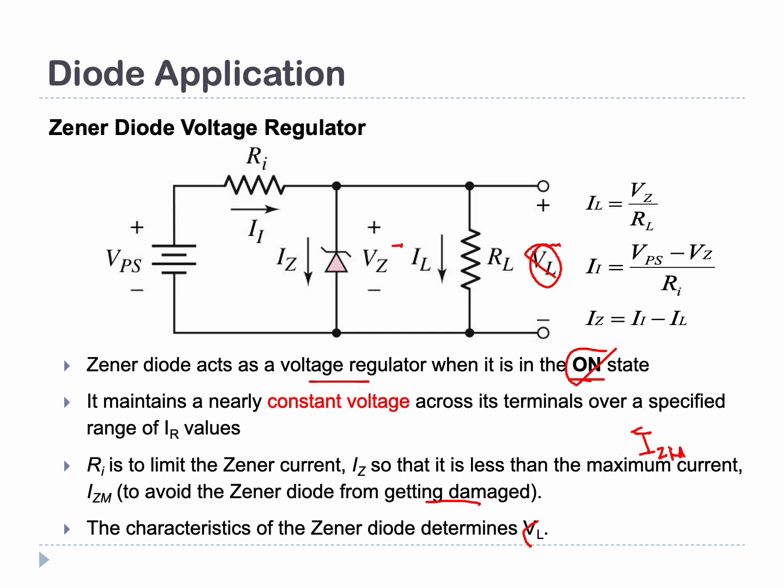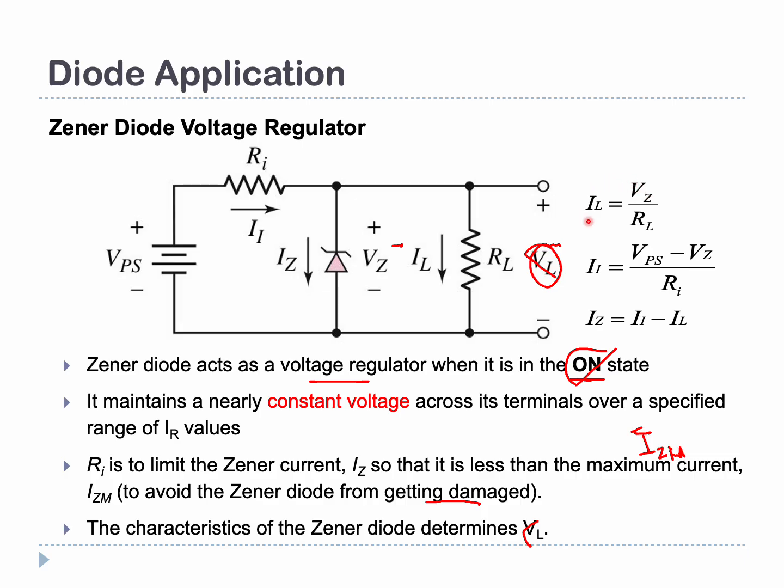This is a famous formula that you need to remember: the current across the load resistor, IL, is VZ, the Zener voltage, divided by the value of the load resistor.